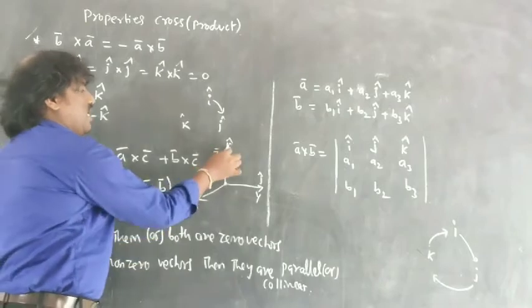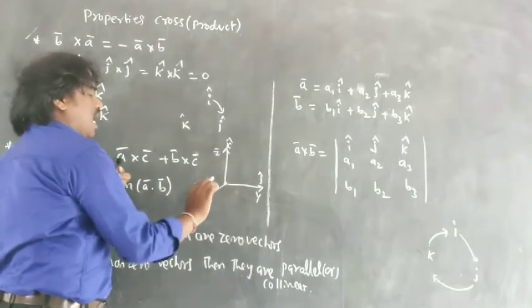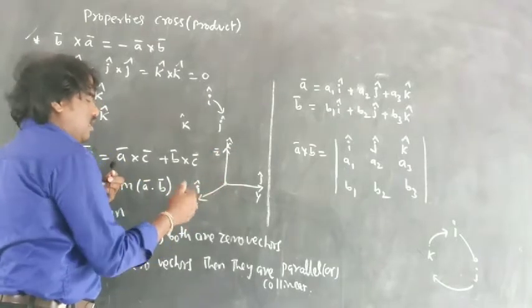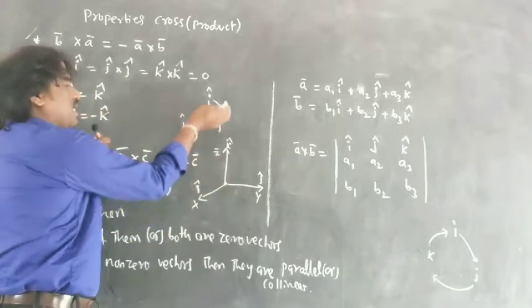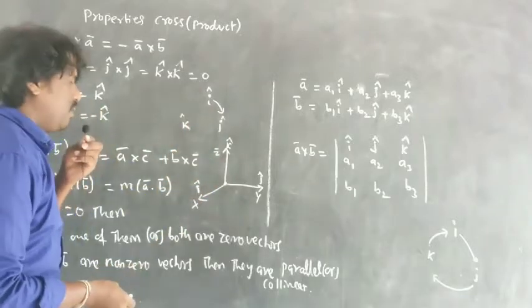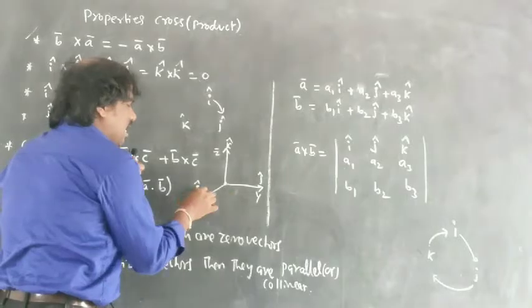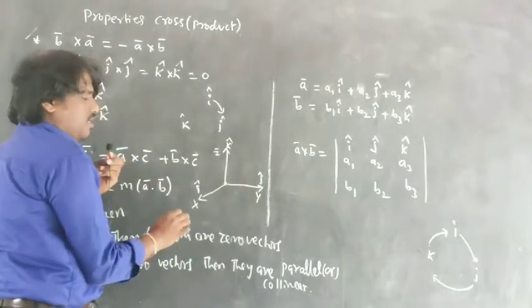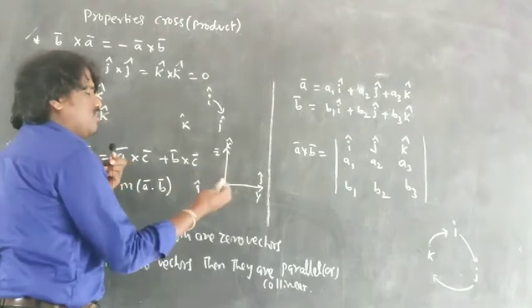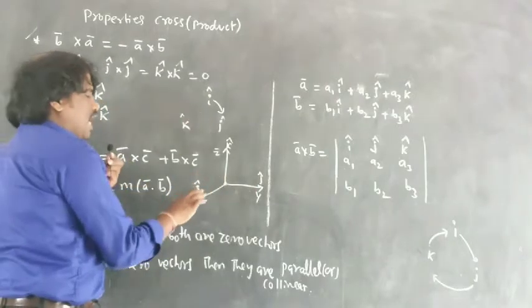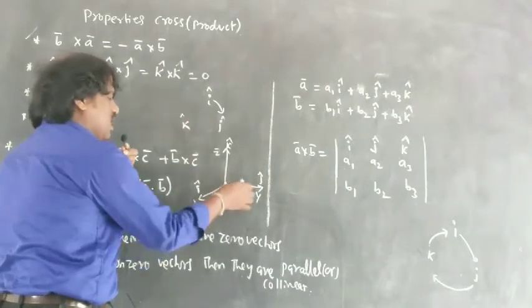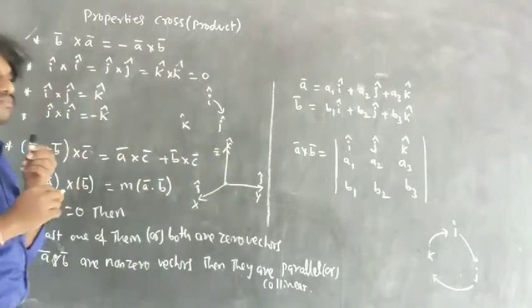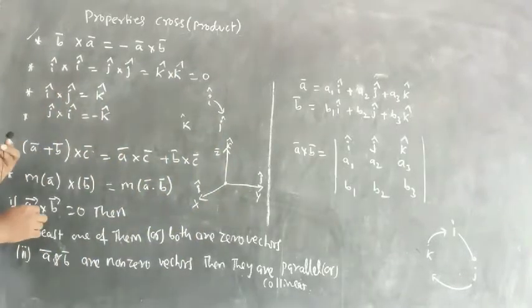I and J are in one plane, so K will be perpendicular to this plane. So I cross J will give you K cap.